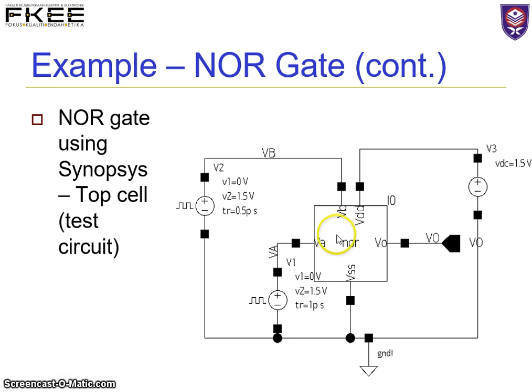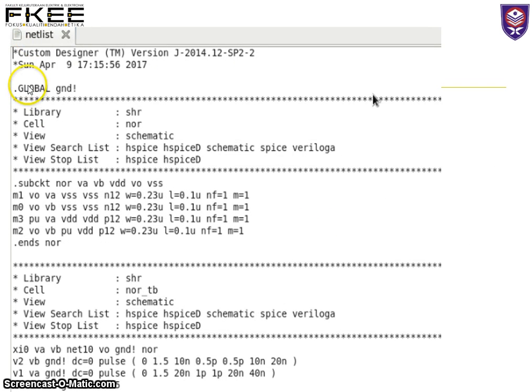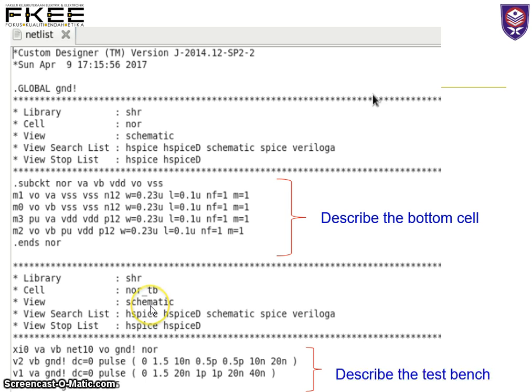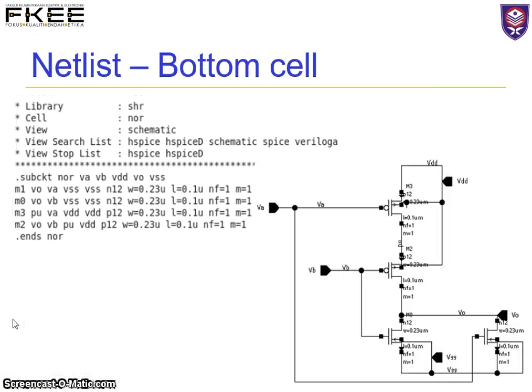So what is created in the netlist? This is the sub-circuit describing the nodes just now. You have 4 transistors. And then we have another one right here where we use the NOR circuit in the test bench, with the 3 inputs V1, V2 and V3. In the bottom cell we have 4 transistors over here, M1, M0, M3, M2.